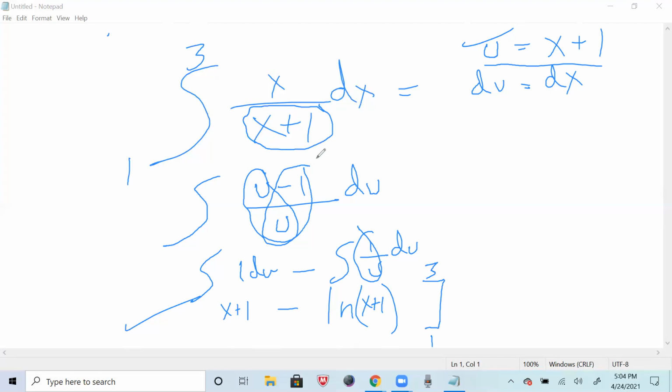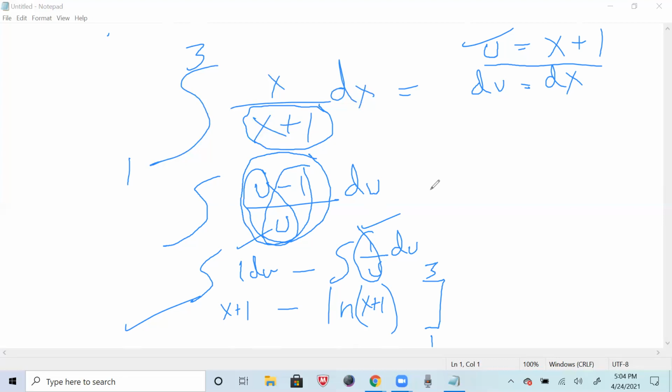But once I use U-substitution and I get it like that, where I have a single thing in my denominator, now I can break it up into two fractions. And instead of the integral of this, it's the integral of that minus the integral of that. And each of these is easy to do.